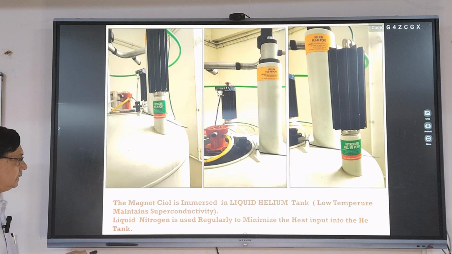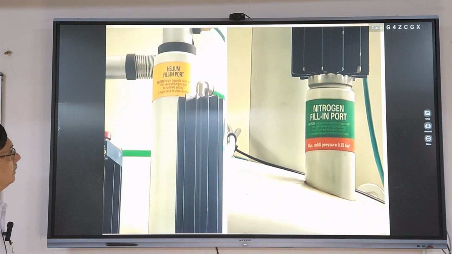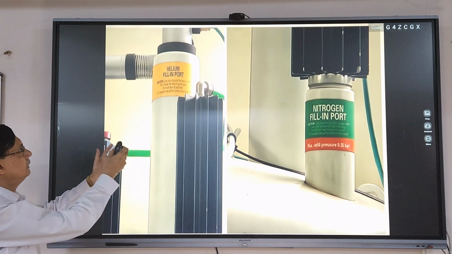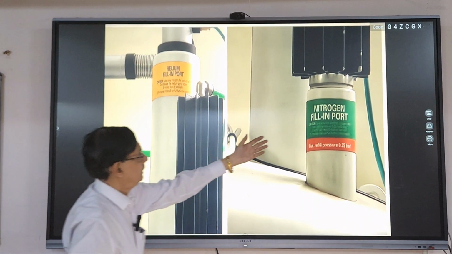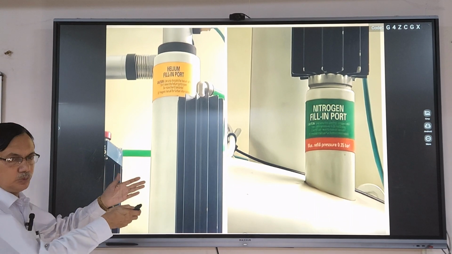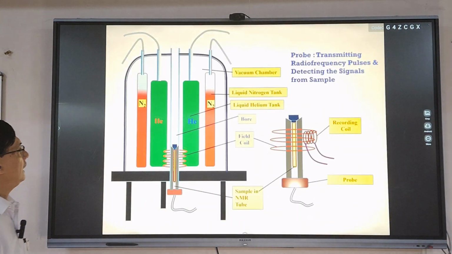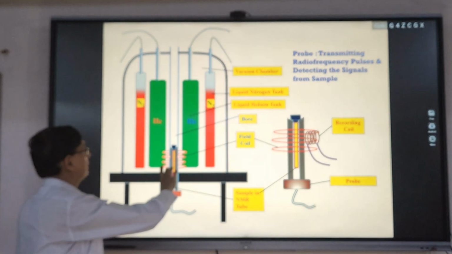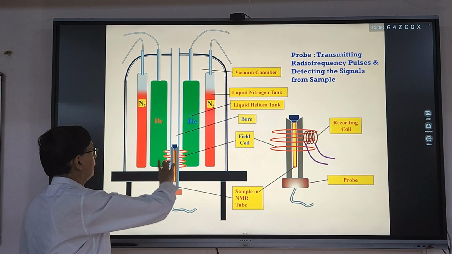Now again, if I see the block diagram, it is just a close-up of these things, helium fill in port and nitrogen fill in port. For students' purposes, they can understand this simple diagram. The most important part is that the probe is very important.